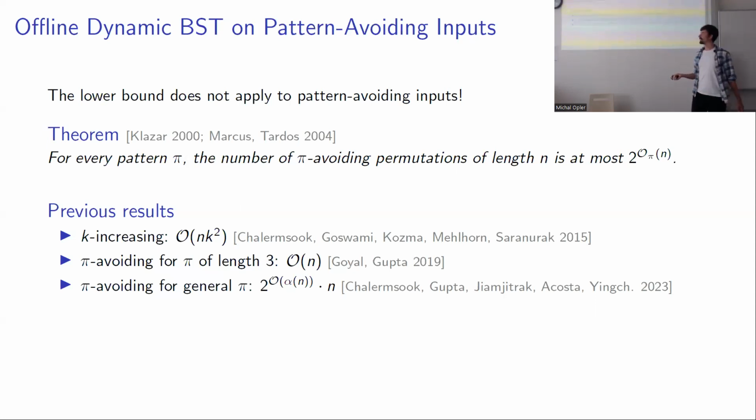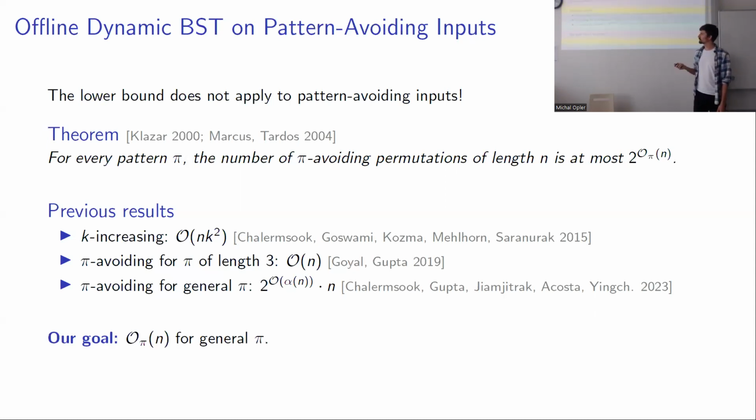Extremal combinatorics is a place where all these weird, very slowly growing functions appear quite often. Moreover, I have to mention that all these results were obtained in the online case. They applied to one of these online balancing strategies, not only in the offline case. There was in fact no specific result, I think, known only for the offline case.